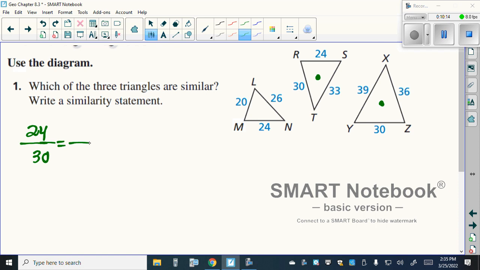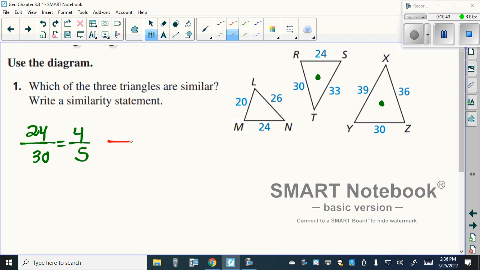So we need to compare 24 over 30, which 2 will go into both, but 6 will. 6 will go into both of these here. So we get 4 over 5.